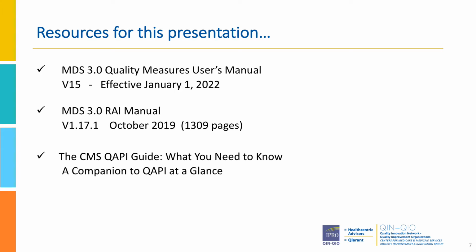And the CMS QAPI Guide, What You Need to Know. That's a companion guide from CMS's QAPI at a Glance. All of these resources are available on the internet by simply searching by the document name. They are all in PDF format and may be downloaded and printed for easy and quick reference.